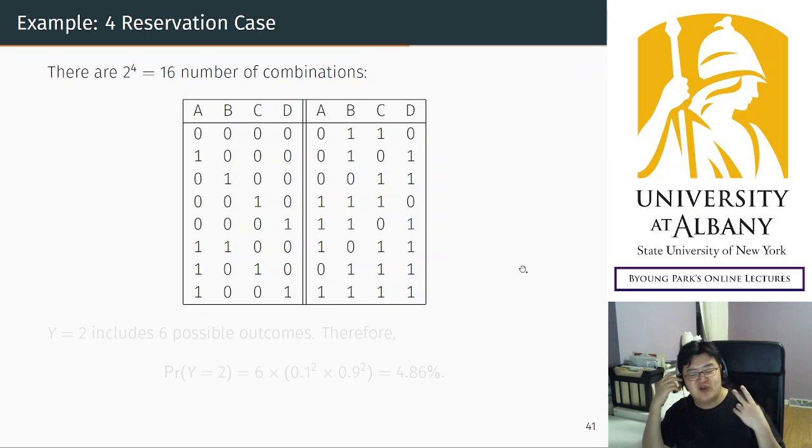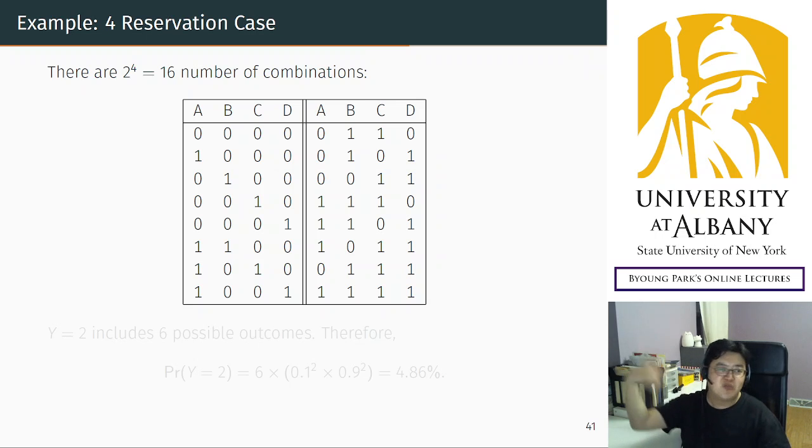When you have two, there are four possible outcomes, and when there were three reservations, there were eight possible outcomes. But when you have four reservations, it becomes 16. So when you have one more reservation, the total number of outcomes doubles.